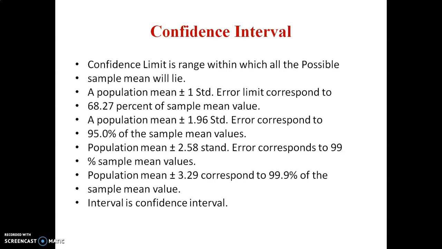And a population mean plus or minus 2.58 standard error corresponds to 99% of sample mean values. Here we focus on 99% as the 1% level of significance, 95% as the 5% level of significance, and 68% as the 10% level of significance. So this interval is a confidence interval. That means it lies within this range.